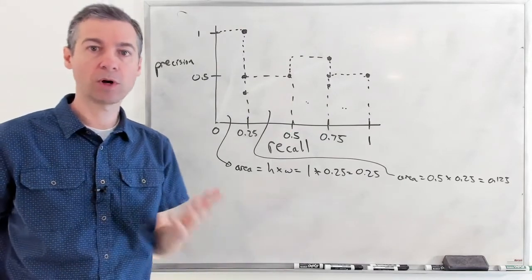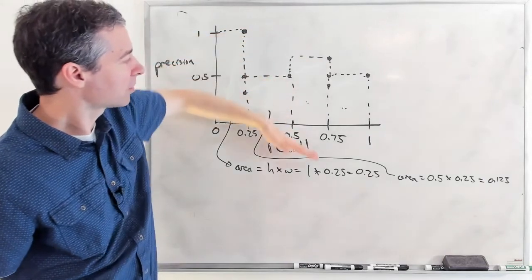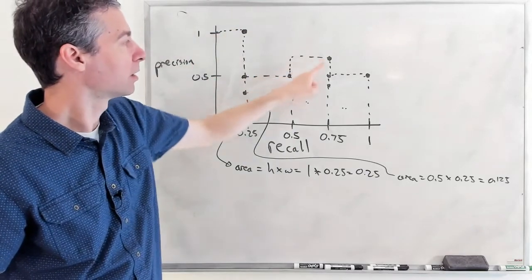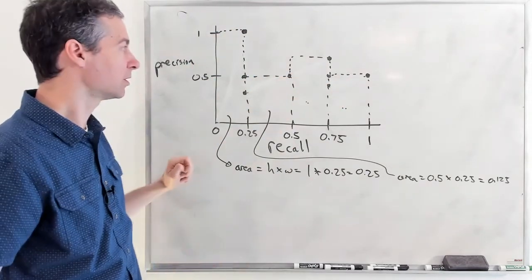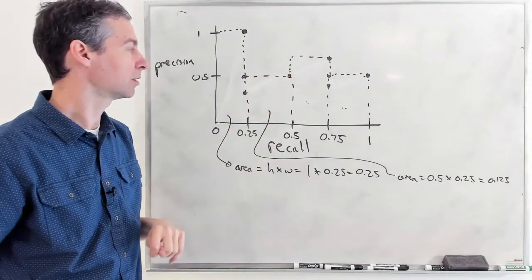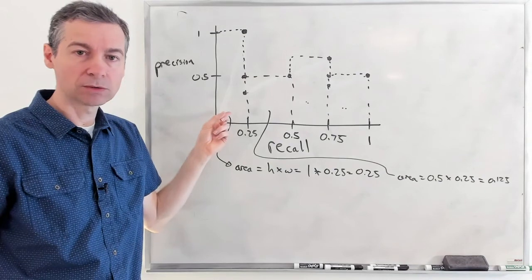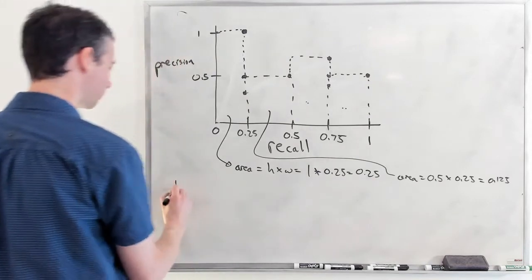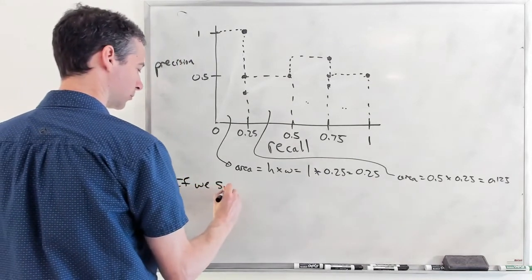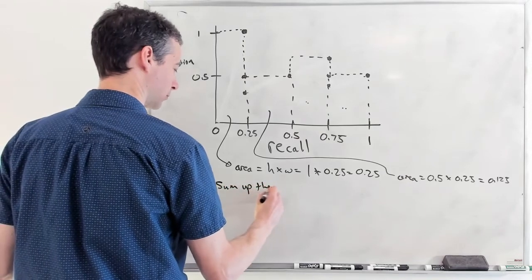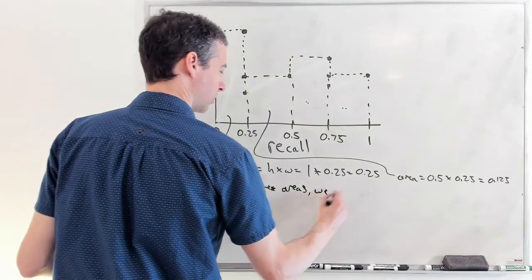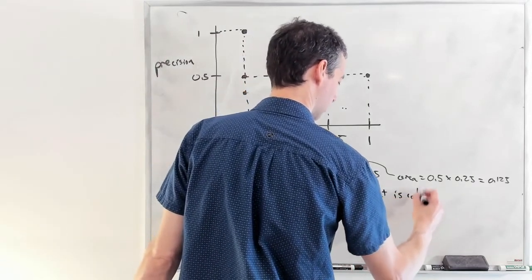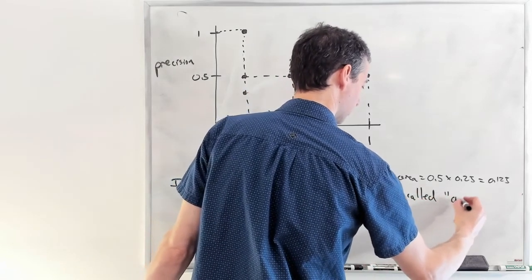The poorer the quality of your system, the lower this goes, the less area you will have under a curve where you're drawing the curves in this rectangular box fashion. So this area here is what we have. If we sum them up, we have what is called average precision.